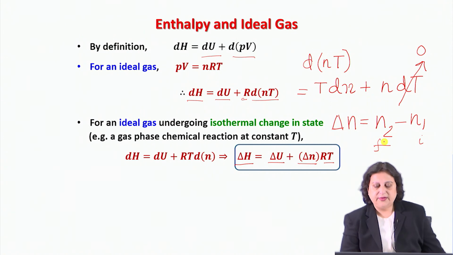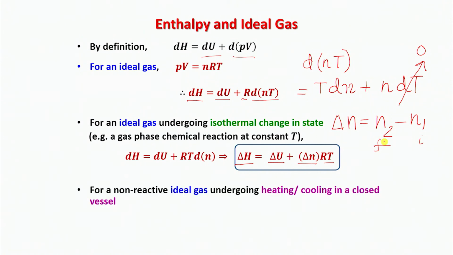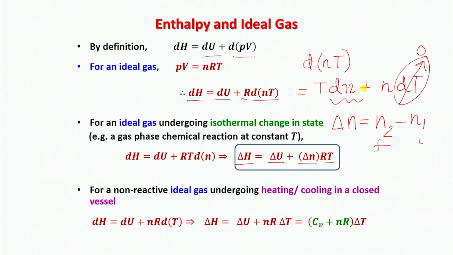We can also have some other situation when I have an ideal gas undergoing heating or cooling in a closed vessel. So in that case, I cannot say that dT goes to 0 because I am heating the system, but it's a closed vessel. So under that condition, dn will be equal to 0. And so I should be able to write that dH is equal to dU plus nR dT.